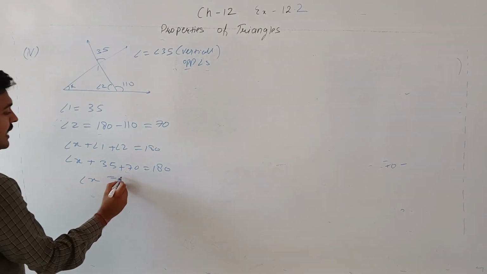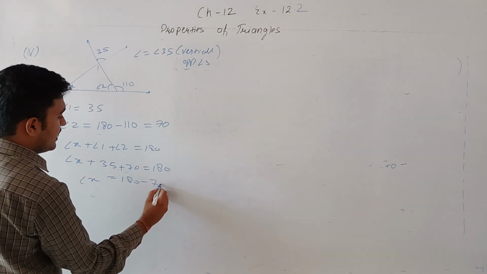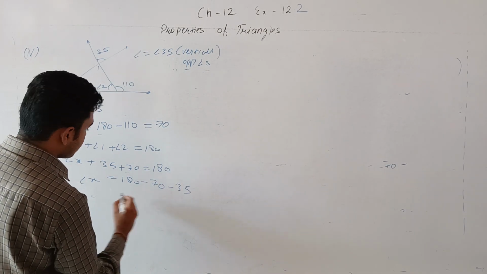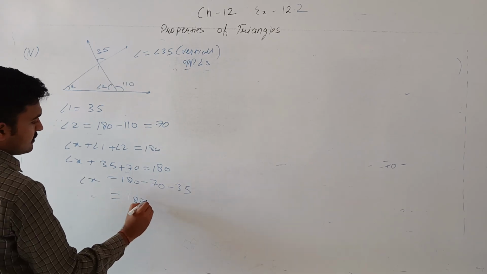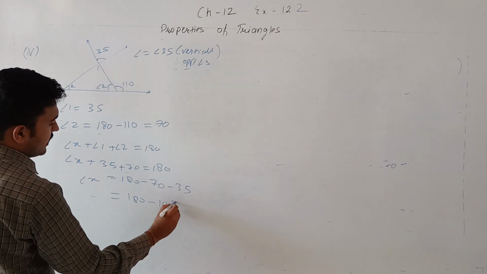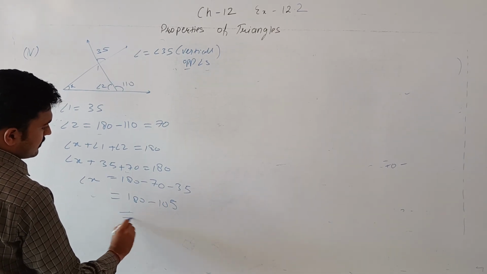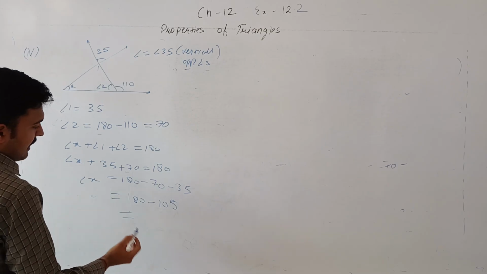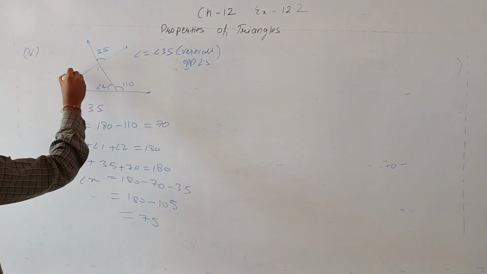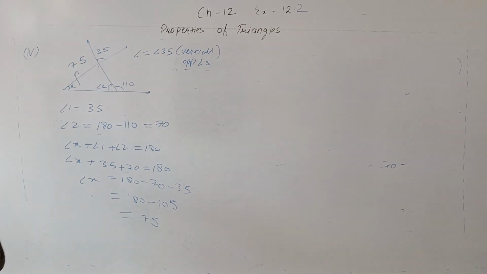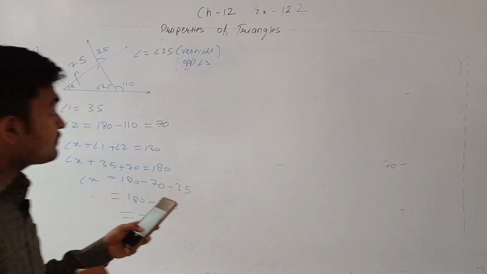Therefore, angle x is 180 minus 70 minus 35, which is 180 minus 105, so 75. Our angle x is 75.